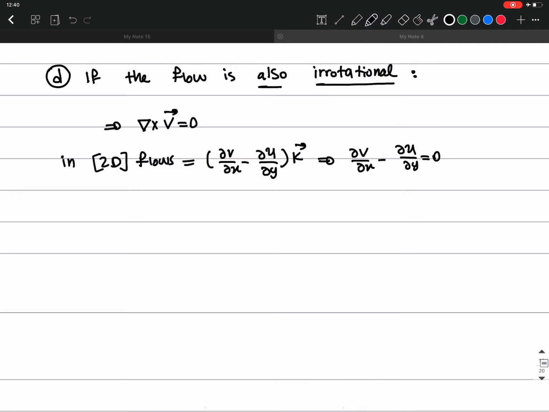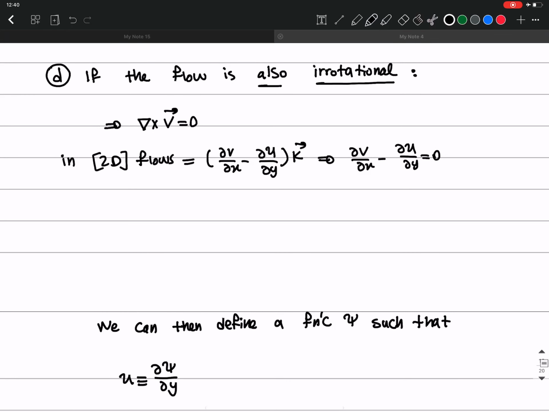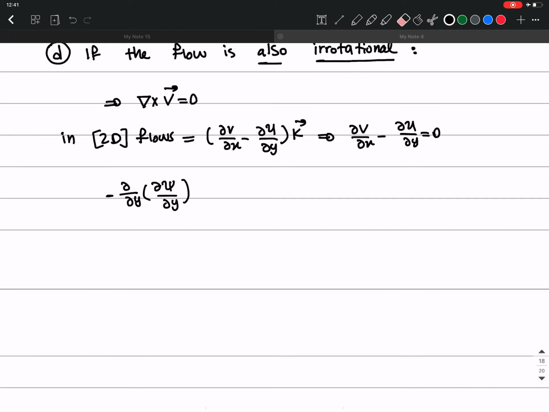So u is partial psi over partial y, so I can write it as minus partial over partial y of partial psi over partial y, and v is minus partial psi over partial x, so we have partial over partial x of minus partial psi over partial x equals 0, which means that partial square psi over partial x square plus partial square psi over partial y square equals 0.